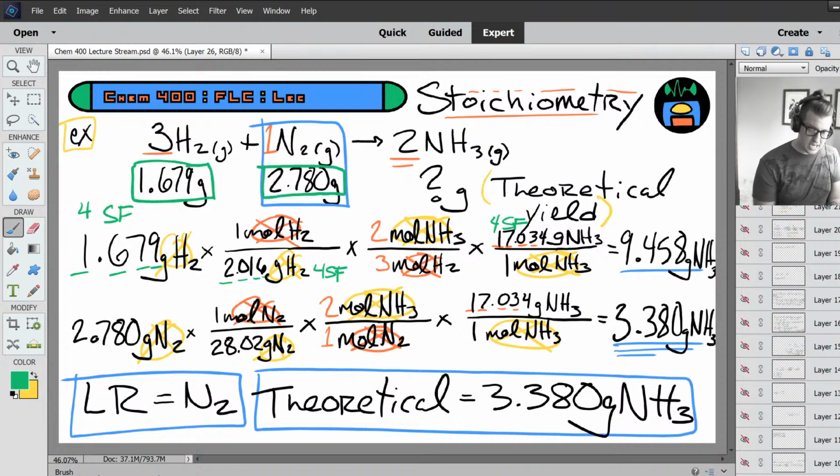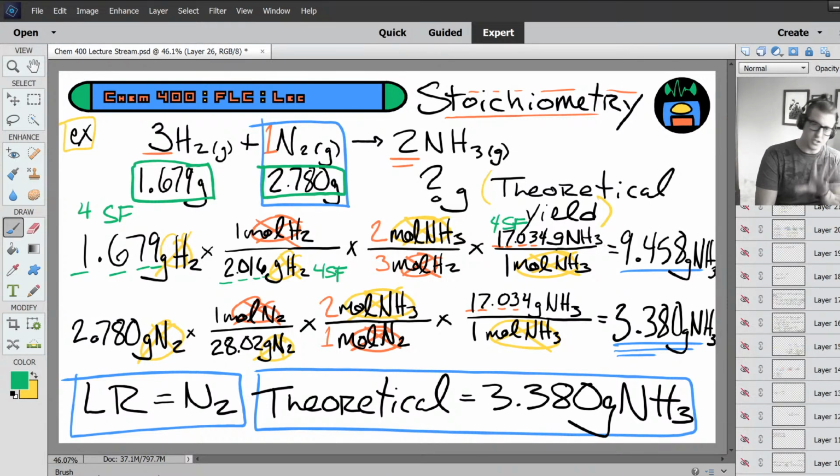Hydrogen actually had a smaller initial mass than nitrogen, and yet nitrogen still ran out first. That's often one place students go where they're like, oh, I should just see which one has less. The amount in grams doesn't tell you the theoretical yield. Sometimes the smaller mass amount will belong to the limiting reactant, but in this case, the larger mass amount actually belonged to the limiting reactant.